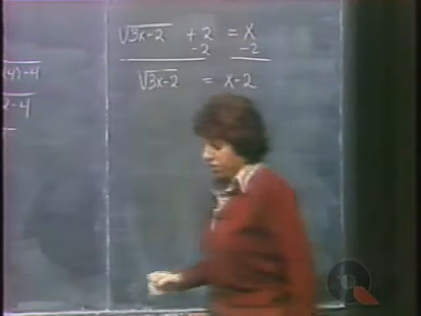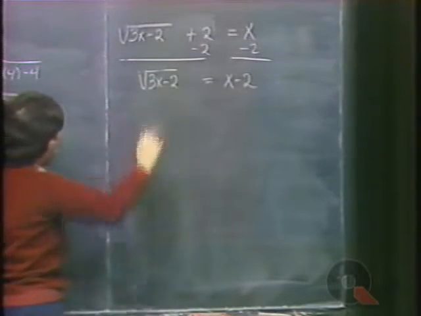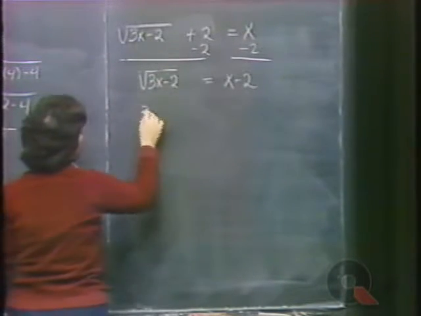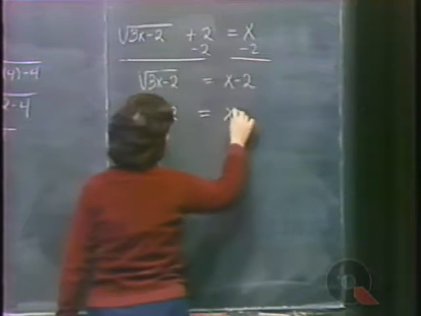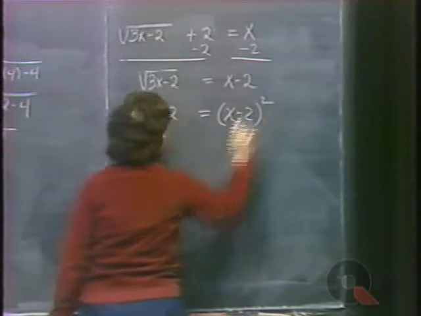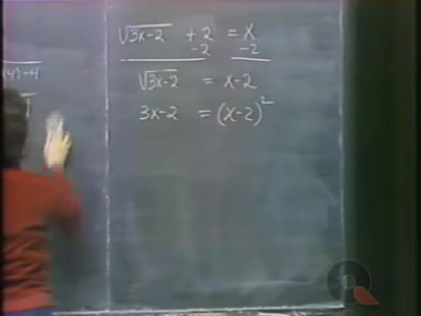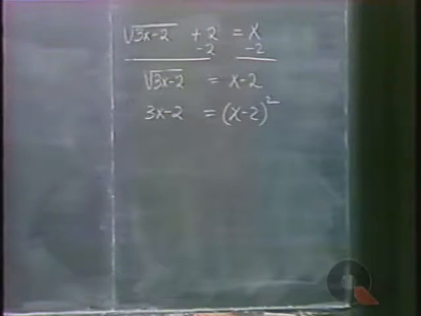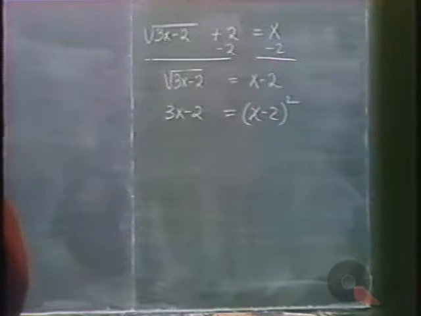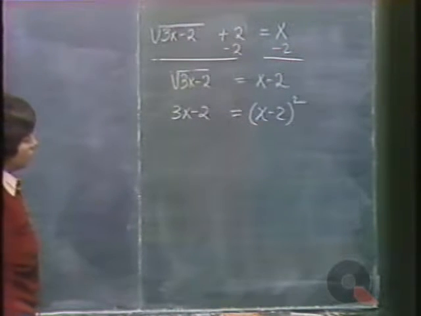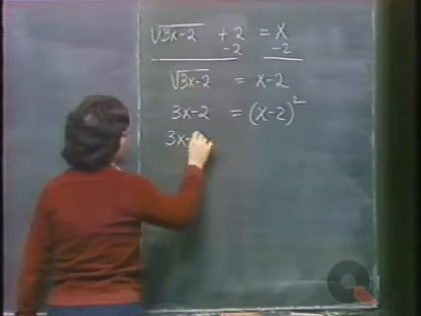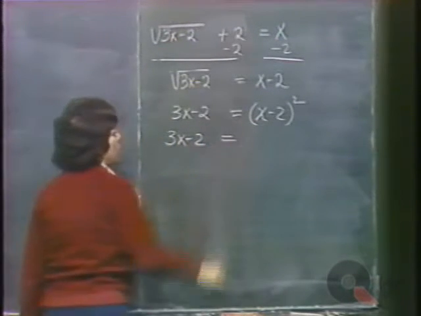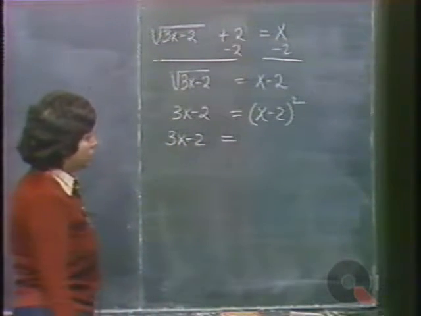Now we will square both sides of the equation to give us 3x minus 2 on the left and x minus 2 squared on the right. We've squared both sides of the equation. Three x minus 2. Now on the right here, we want to square x minus 2.